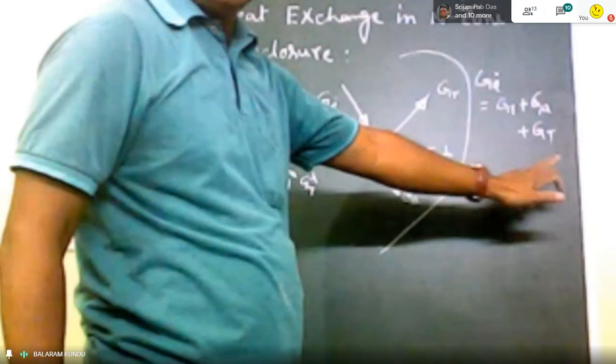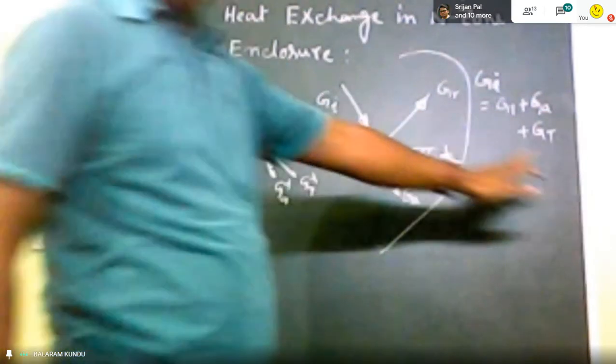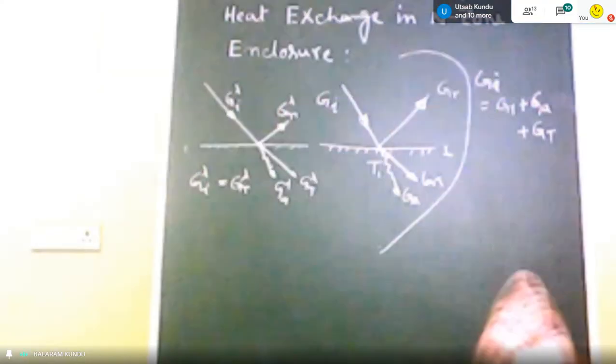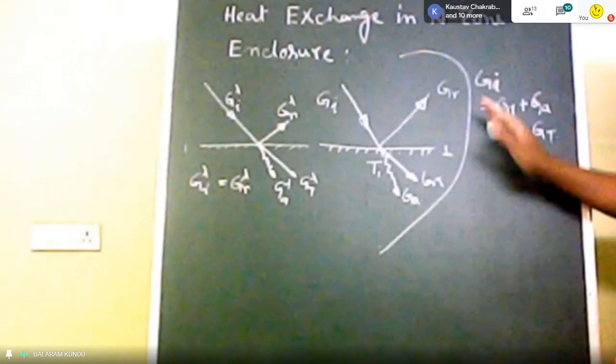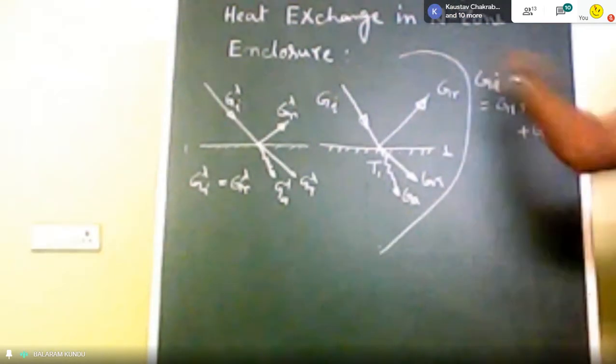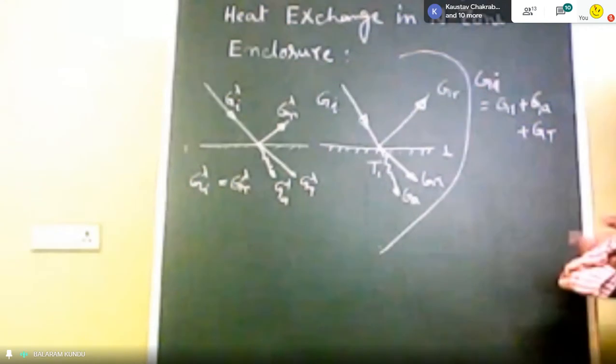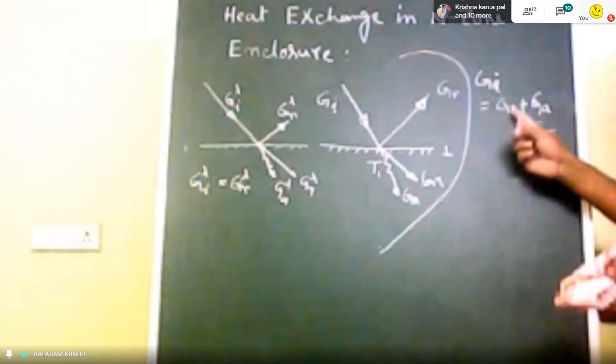Is it clear? It is very simple. Now, considering all wavelengths, we take Gi equal to Gr plus Ga plus Gt.